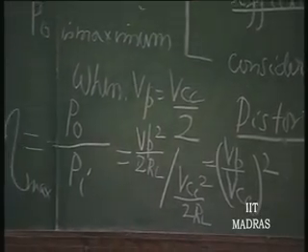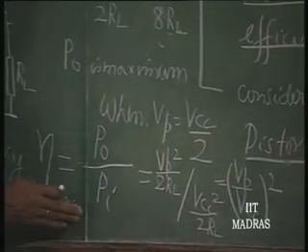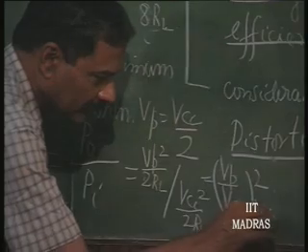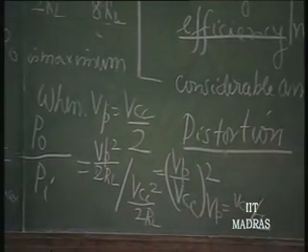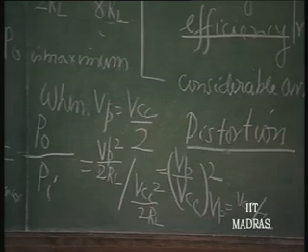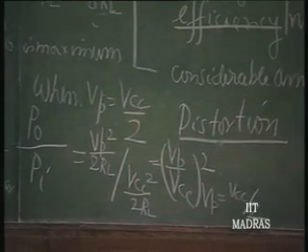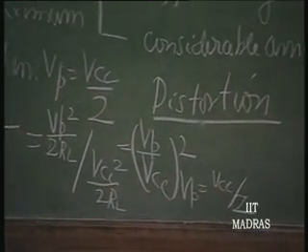And since the maximum value of this occurs when V p is V c c by 2, the maximum efficiency is only how much? 25%.